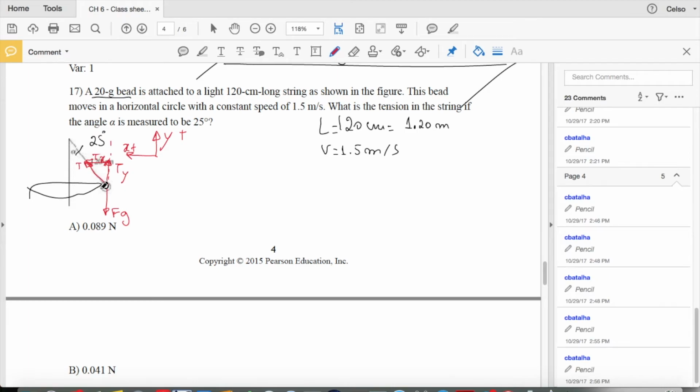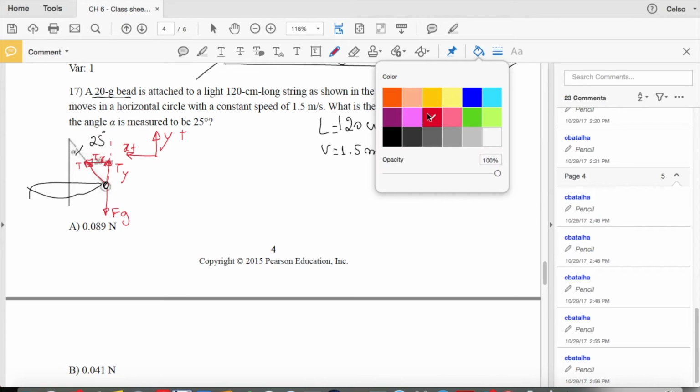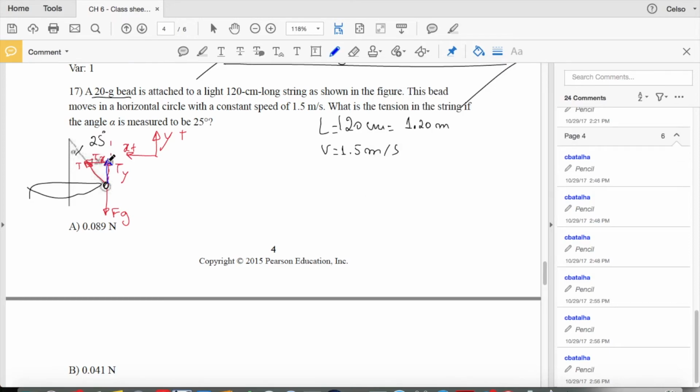Let me change the value of this component so you know I'm not inventing forces. I'm just writing in blue the components of T. This is my Tx right here.